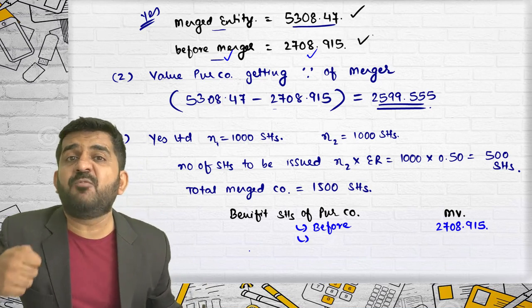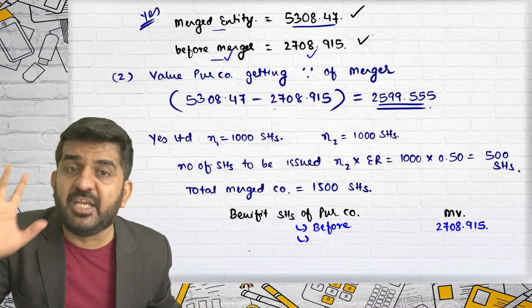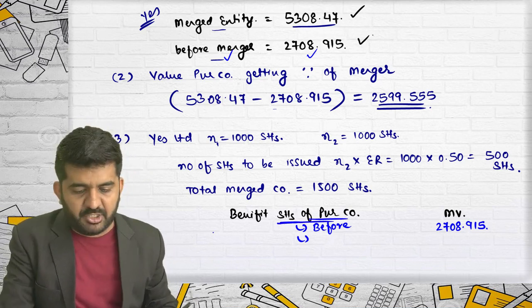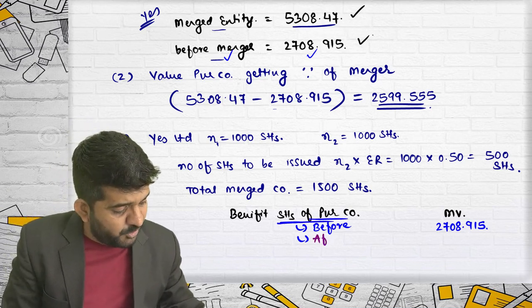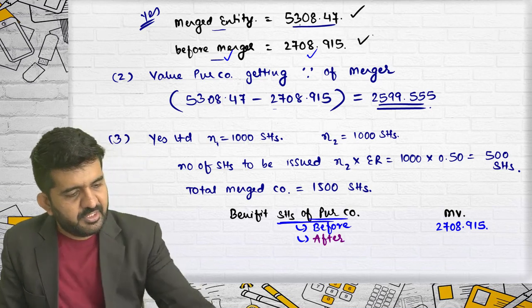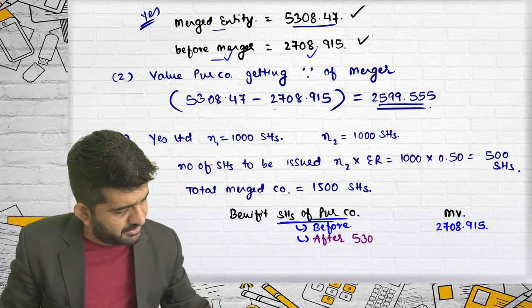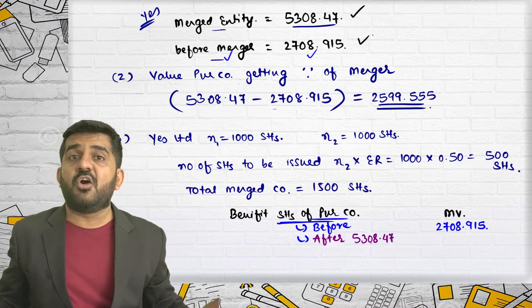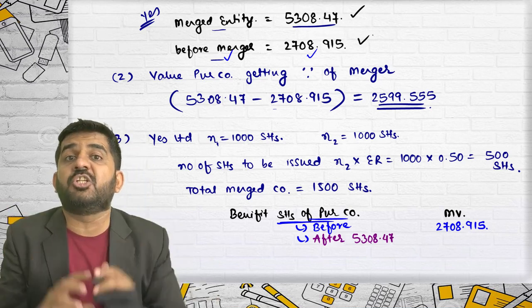What is the after value of the merged company? No, only the purchasing company's shareholders. What is their after value? Sir, it is 5308.47. Yes. But this is of the merged entity, for both sets of shareholders.